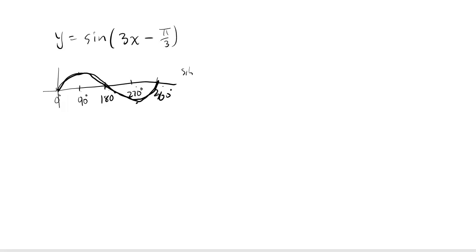So if you're trying to draw the graph of sine, what you need to know is the most distinguishing parts of the sine function. And the sine function has these distinguishing values: at 0 you get 0, at 90 you get 1, at 180 you get 0, at 270 you get negative 1, and at 360 you get 0.